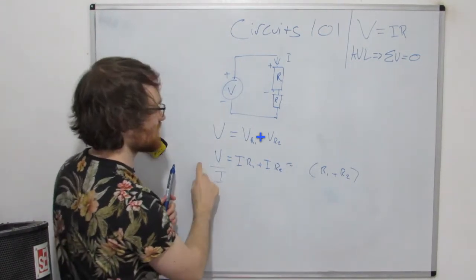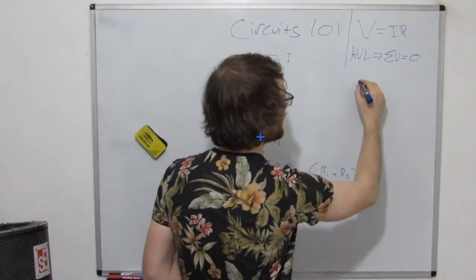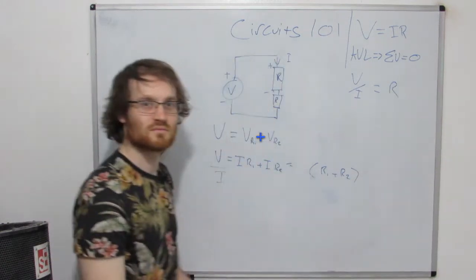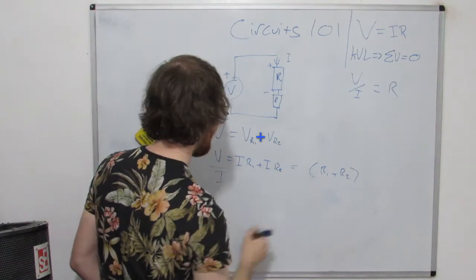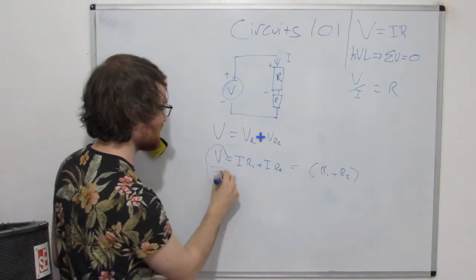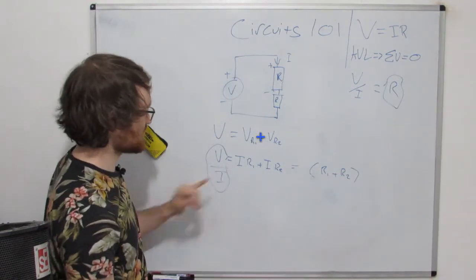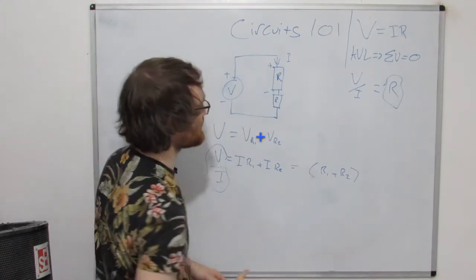And so you've got V over I equals R1 plus R2. And if we look over here again, V over I equals R. So that's how you work out the total resistance, because you can replace this V over I with this R. So the total voltage divided by the total current gives you the total resistance, and that's equal to R1 plus R2.